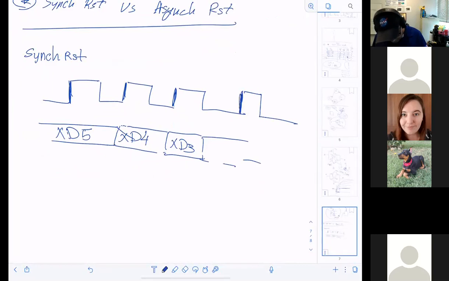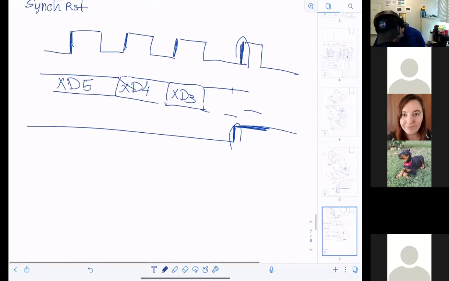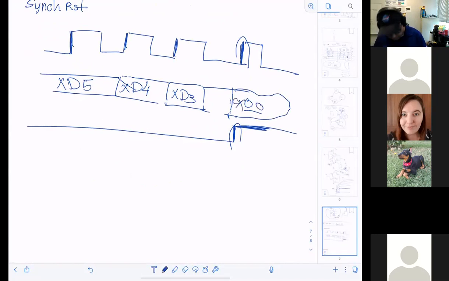And now I need to see what will happen if the reset happens here. So here is the positive edge, right? And here the reset went high. So I'm actually expecting that D will be turning to be what? 0, 0. That's the data bus.